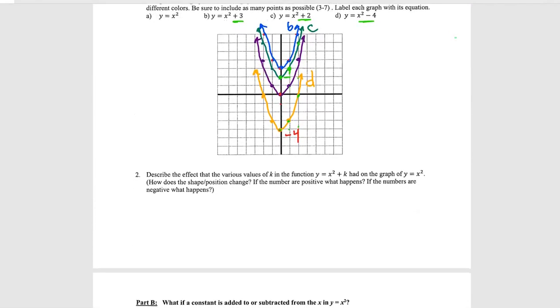So on here, when it asks us to describe the effect, the formal language is a vertical translation. You'll notice that in general, we'll say y = x squared plus k, or f(x) = x squared plus k.